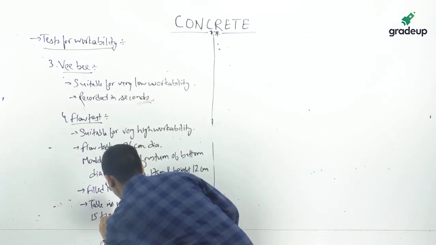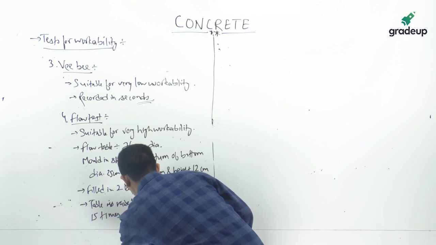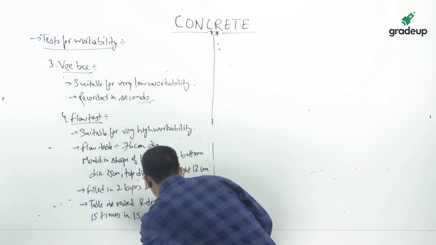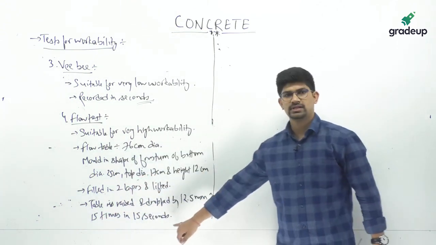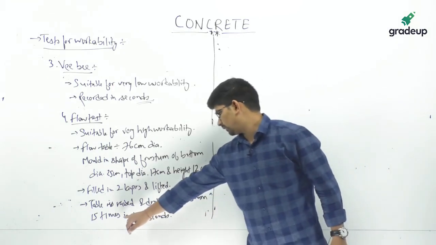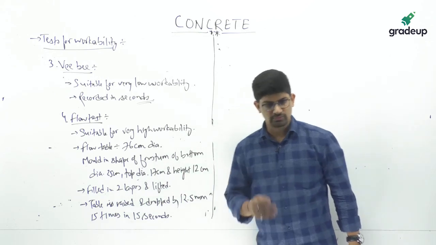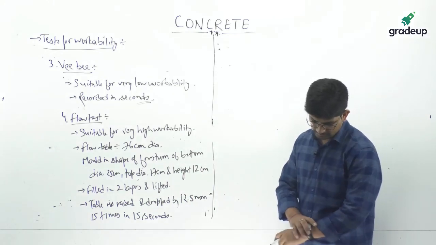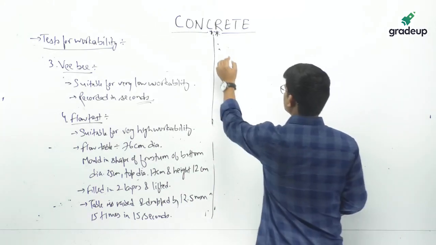So the table is raised and lowered by 12.5 mm, 15 times in 15 seconds, one time in 1 second. So the spread is measured in 6 directions.